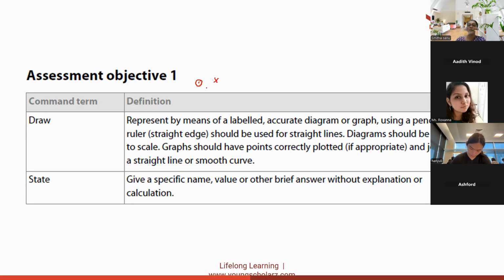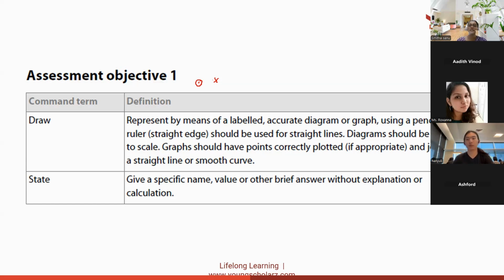And error bars, as you know, is one smallest scale going plus and minus. So wherever you're plotting error bars, it should have an equal scale, equal width on one upper scale and one lower scale. So that comes in draw.